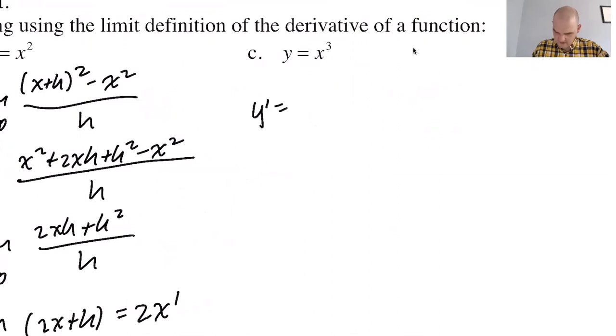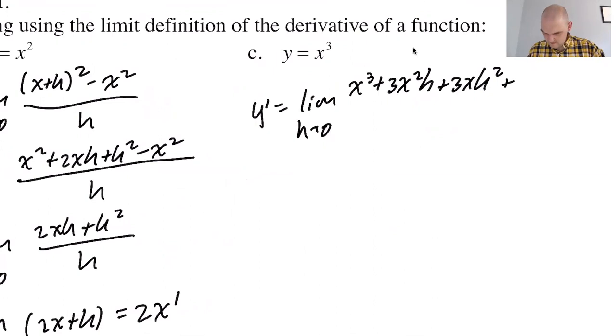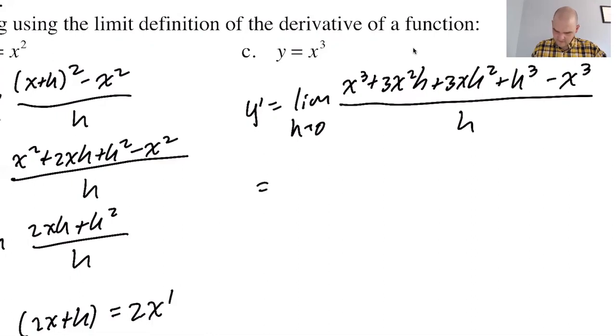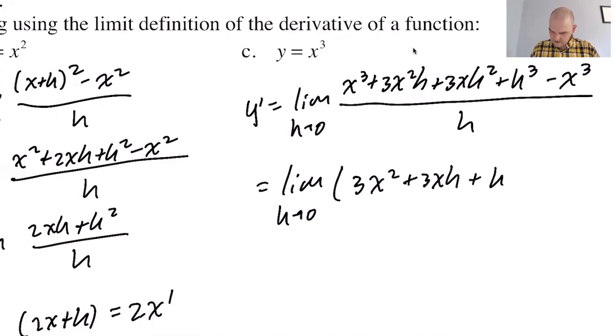Y prime is going to be the limit as h approaches 0 of x cubed plus 3x squared h plus 3x h squared plus h cubed minus x cubed all over h, which is the limit as h approaches 0 of, we're going to cancel, 3x squared plus 3xh plus h squared, which is 3x squared.